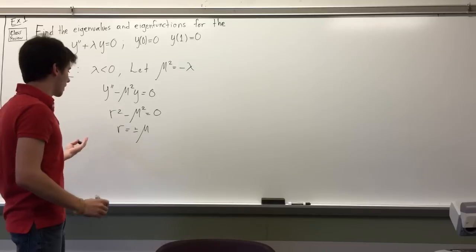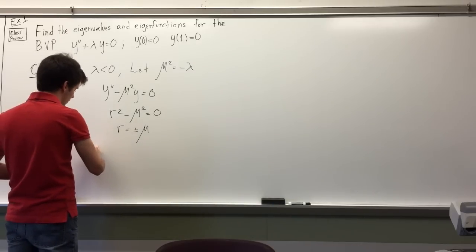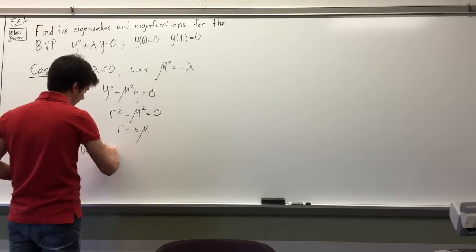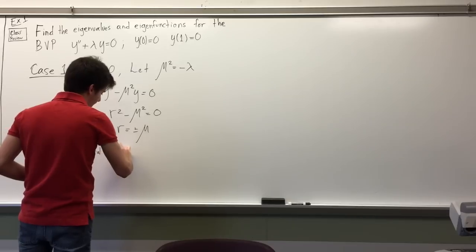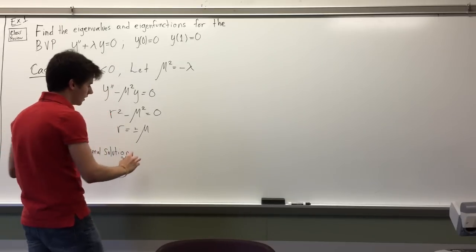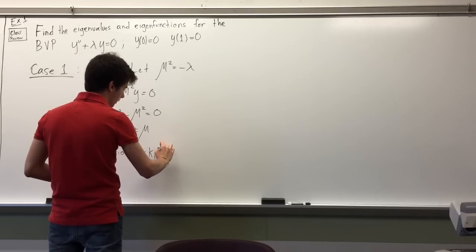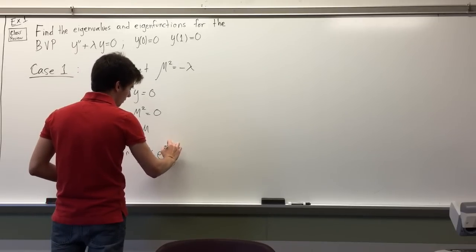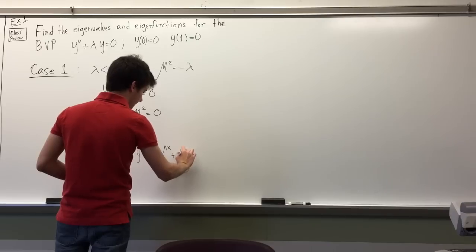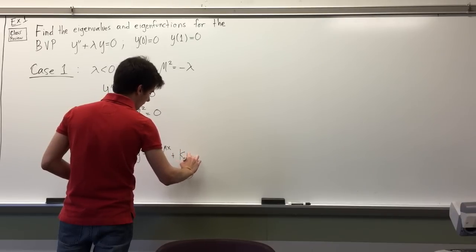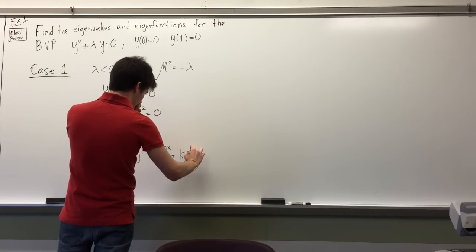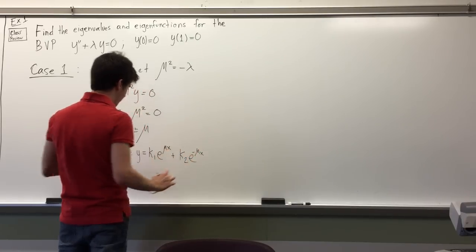And our general solution is y is equal to k1 e to the mu x plus k2 e to the negative mu x.